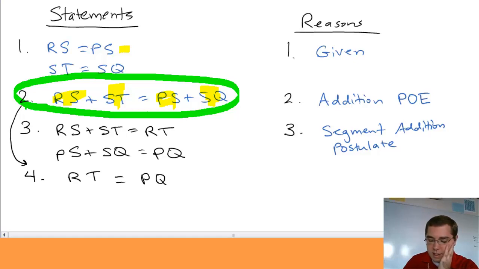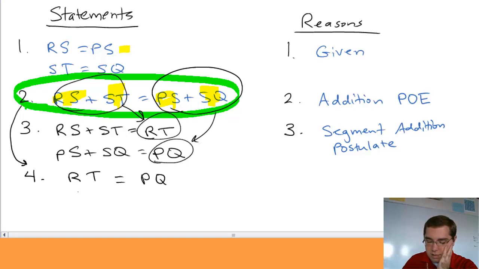So since RS plus ST equaled PS plus SQ, and RS plus ST was RT, and PS plus SQ is PQ, I'm replacing this with this, replacing this with this. And that tells me that RT equals PQ.